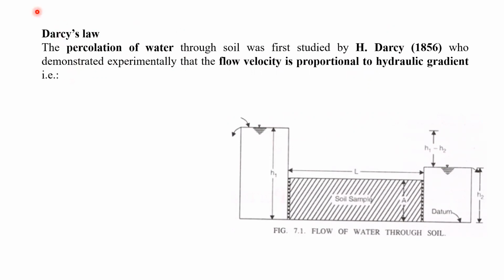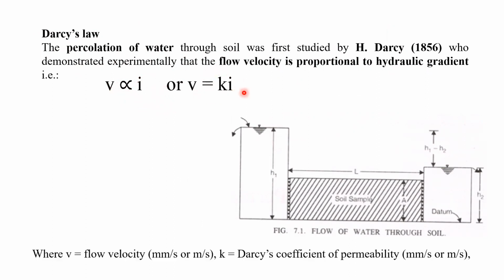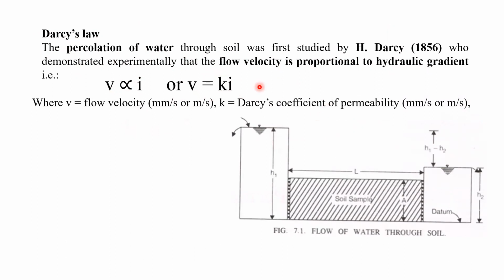What he says is that the velocity is proportional to the hydraulic gradient. So V is proportional to the hydraulic gradient, and V is equal to Ki. K is the Darcy coefficient of permeability, V is the velocity of flow, and i is called the hydraulic gradient, that is H by L. You can see here, this is the soil sample, and this is the head of water.